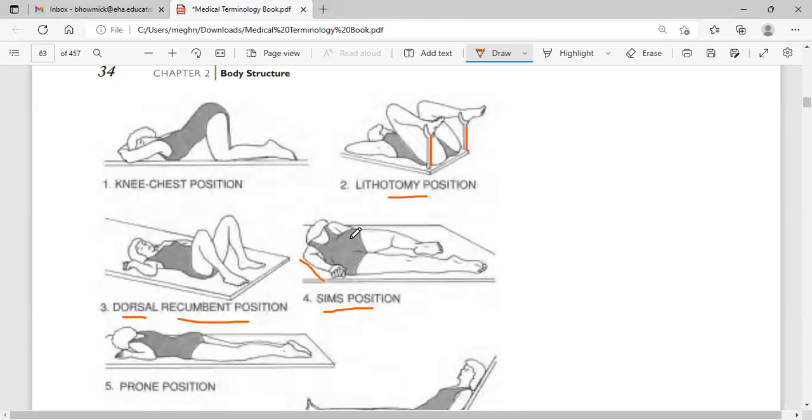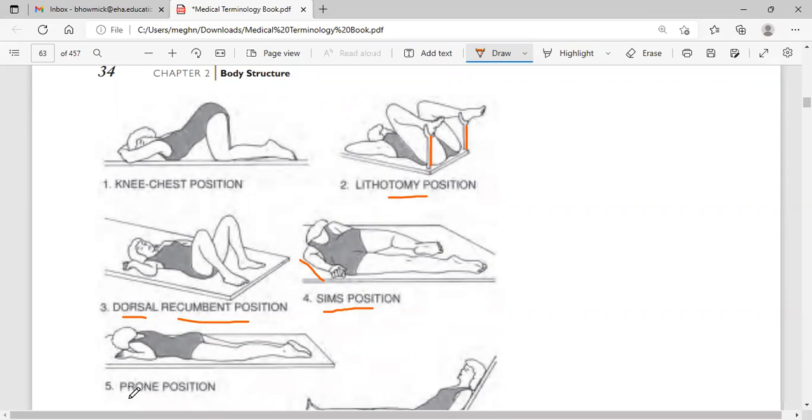Both legs are flexed at the knee, and the right leg is sharply flexed and positioned next to the left leg, you see, which is slightly flexed as well. This Sims position is used to examine the vagina and rectum in a female patient and rectum in a male patient. Sims position is also used to administer the enema.